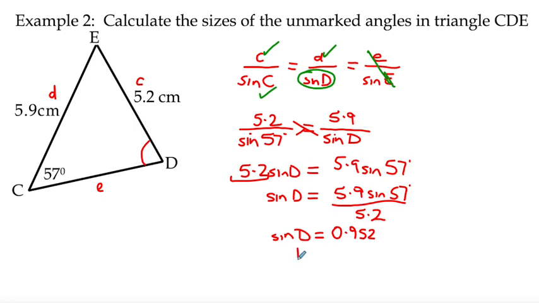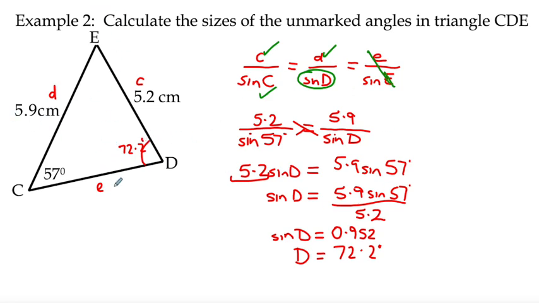So to get D, we're doing inverse sine, shift sine, and we do that inverse sine 0.952, and we get 72.17, 72.2 degrees.